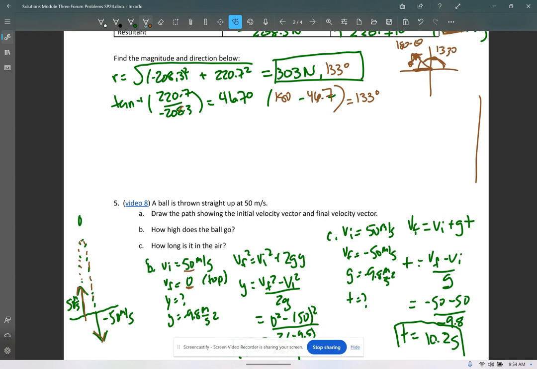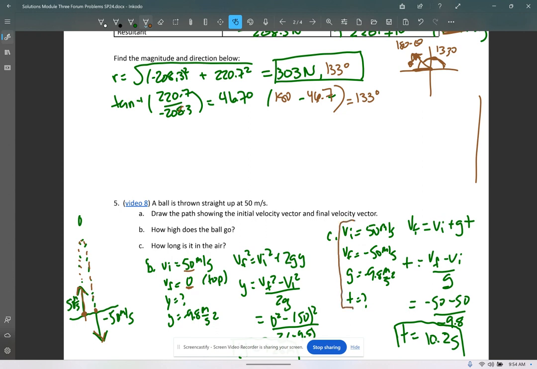And in C, I want to know how long it's in the air. So now I want to know from when it leaves to right before it lands. So I'm going to use VI is 50, VF is negative 50, gravity is negative 9.8, and I'm looking for time. So that formula would be VF equals VI plus GT. And if you're having problems picking out formulas, you need a formula that has these values in it.